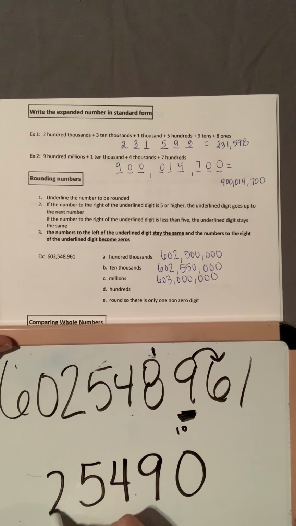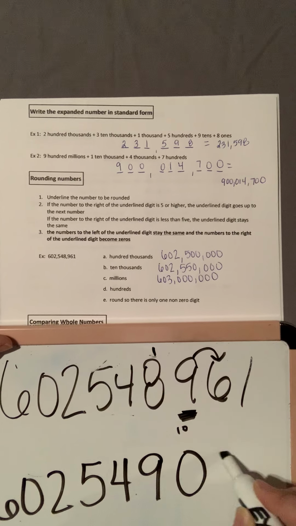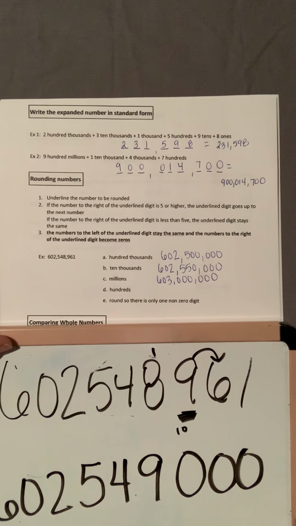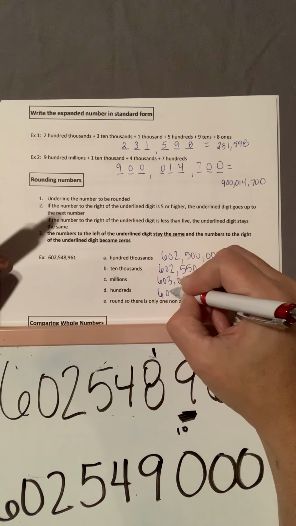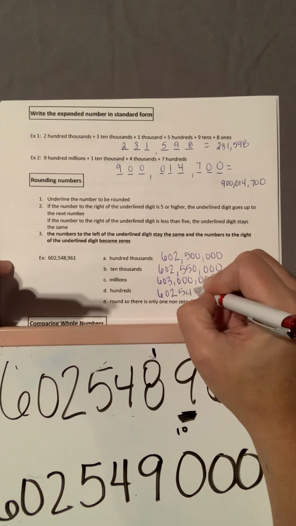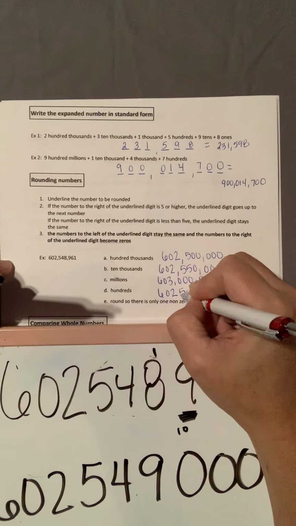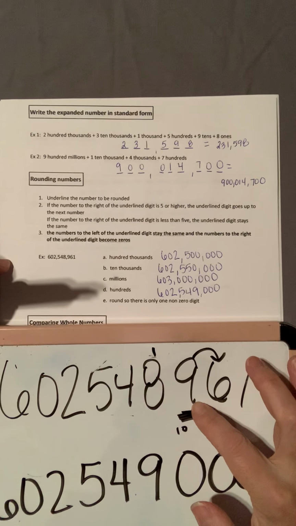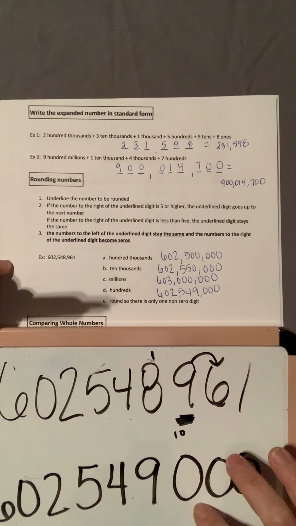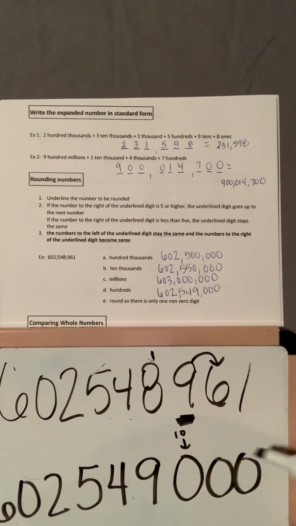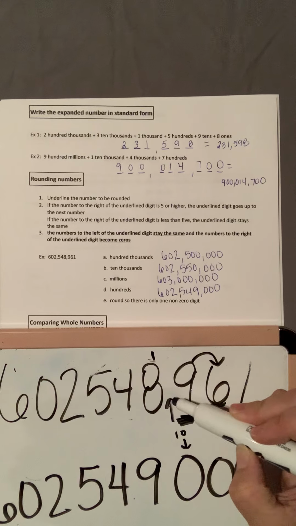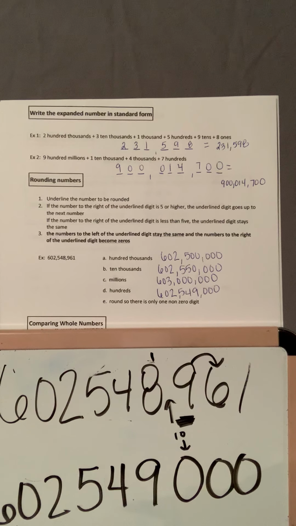Everything before it still stays the same, and everything after it still becomes a 0. So again, if it's a 9 and it has to go up to a 10, the 0 of your 10 goes in that spot, but the 1 of your 10 carries to the one before it.